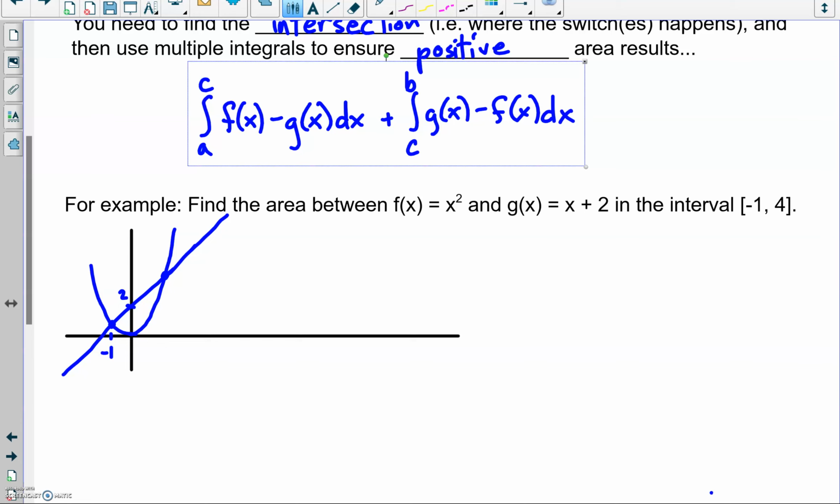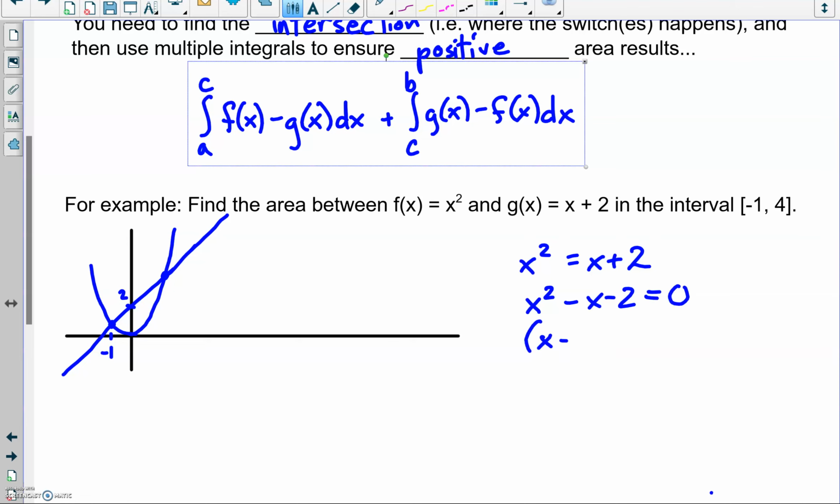The way that you find where it crosses is just set them equal to each other. So x squared will equal x plus 2. We want to find that second crossing point, and if we move everything to one side, in this case I cooked it up so we can factor this.